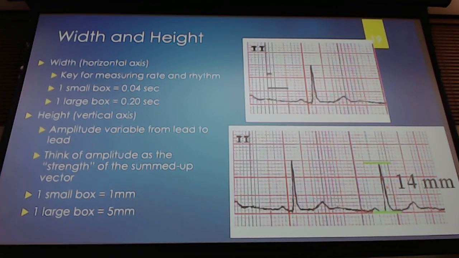So I know I have 1 big box here, so that's 5 small boxes, so that'd be 5 millimeters. I know I have another big box here that's 10, and then how many small boxes do I have? 1, 2, 3, 4. So this should be considered as having an amperage or a voltage of 14 millimeters. Okay, that's how we do this. It becomes really important when we're assessing for things like hypertrophy.